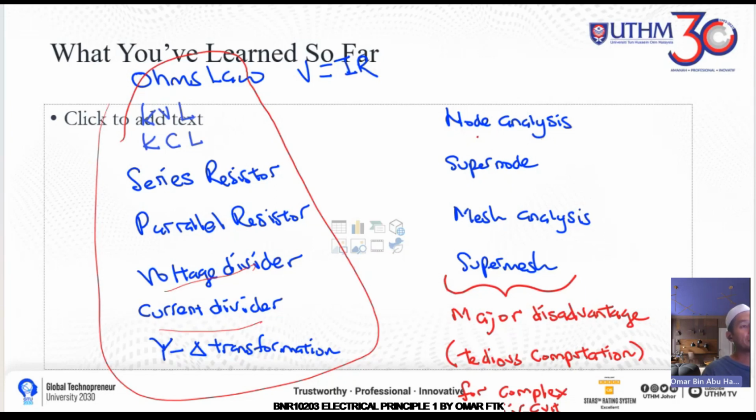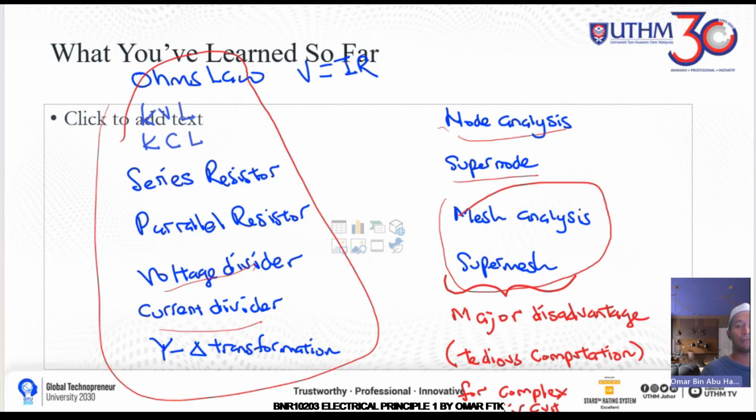And then in chapter 3, last week, we looked into node analysis and supernode, and these two I skipped in the lecture, but you can still have a look at the node analysis and try to understand.